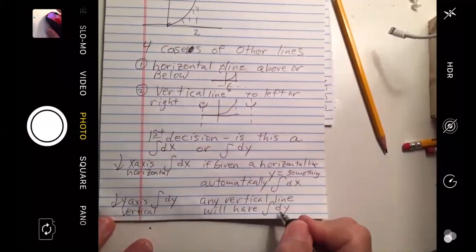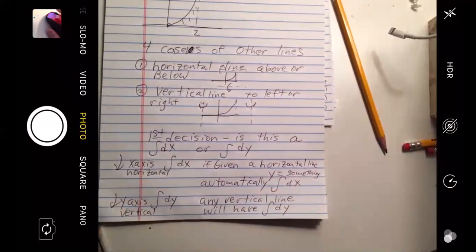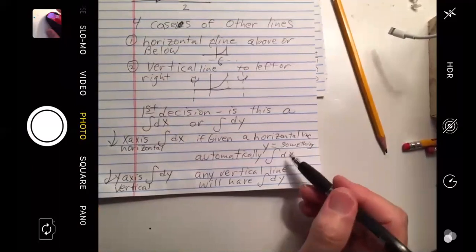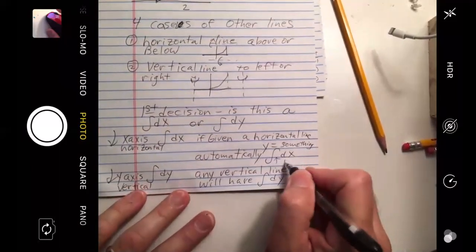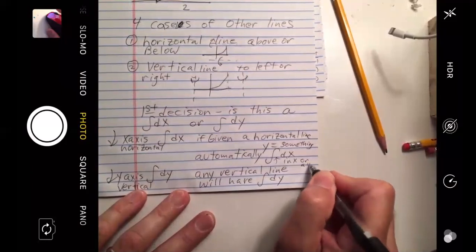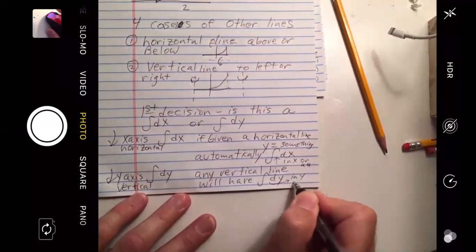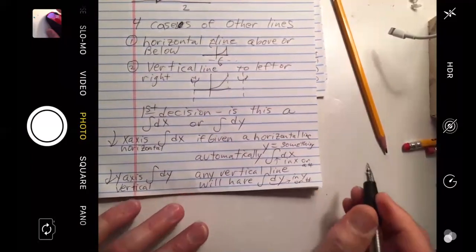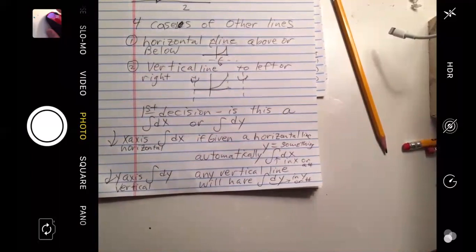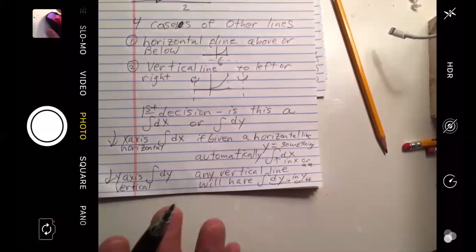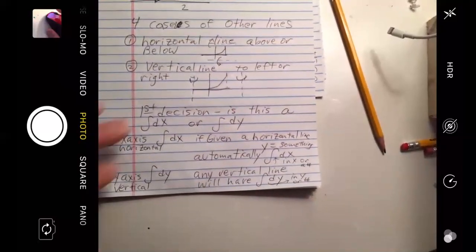This is very important because if you have an integral dx, everything in the middle must be in x or a number. And if you have an integral dy, anything in here must be in y or a number. Because it's really easy to get the letters crossed and use x stuff here when it has an integral dy, etc. All right, I know this gets very technical, but let me lay out the cases here.